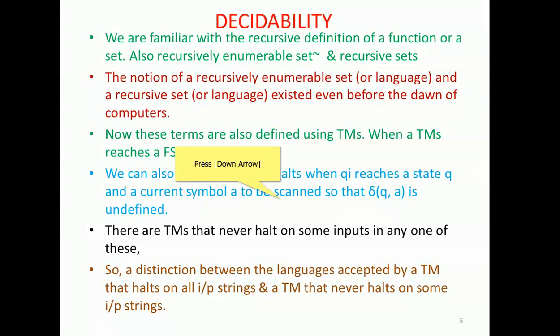So all inputs means the whole bundle of inputs. For all inputs the Turing machine halts, and on the other side, it never halts for some inputs, not all inputs. For all inputs, the Turing machine halts. For only a few inputs, the machine never halts.